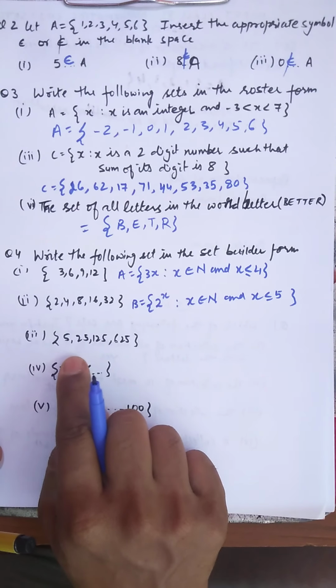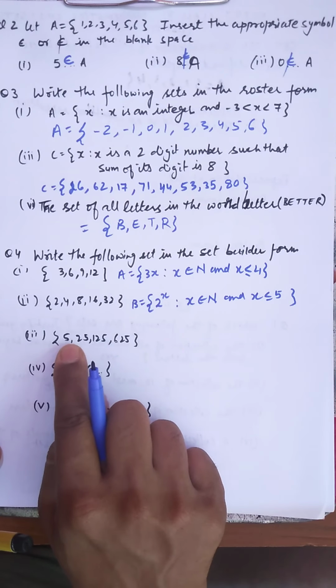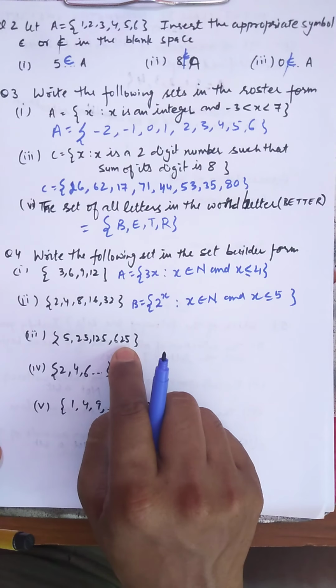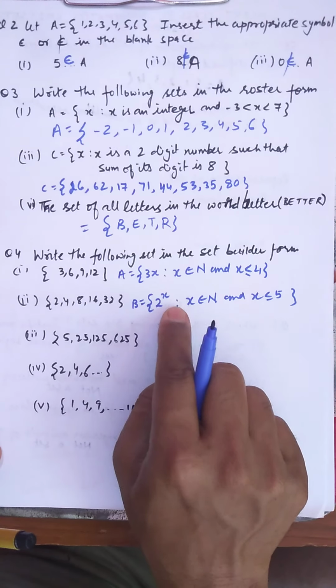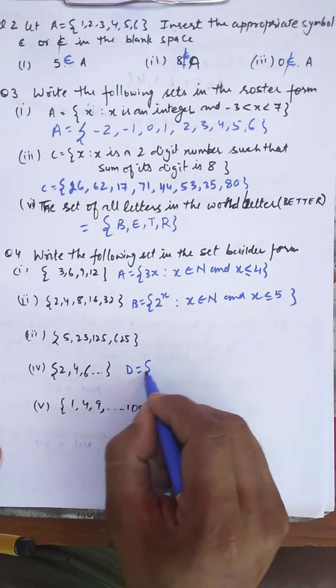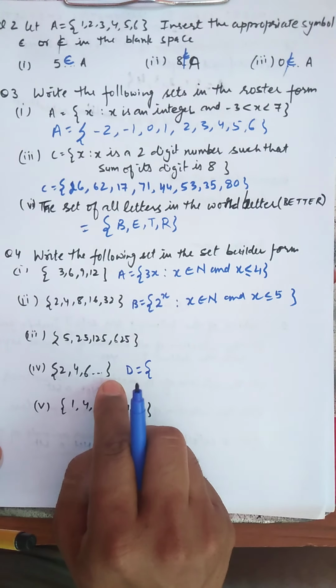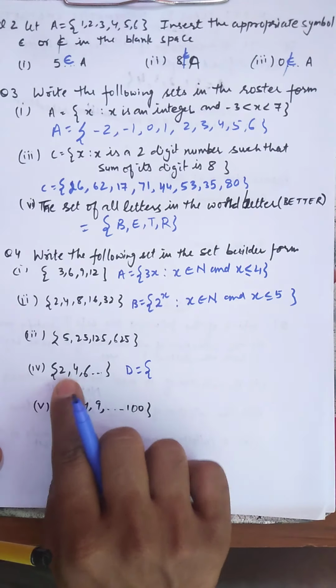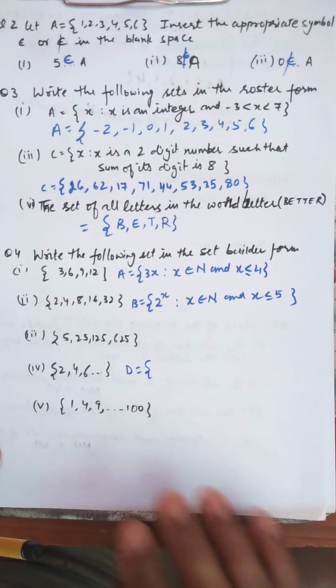Now come to this. I think this you must have understood. This is 5 to the power 1, this is 5 to the power 2, this is 5 to the power 3, this is 5 to the power 4. So you define it as I've defined this. I'm coming to this now. Let's say this is D: 2, 4, 6 and so on. It means these elements are going to infinity.